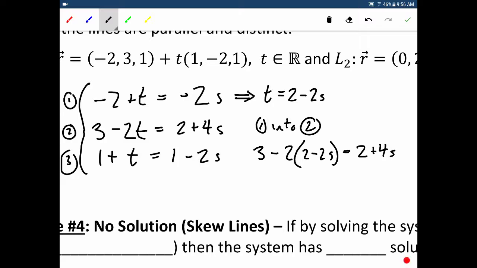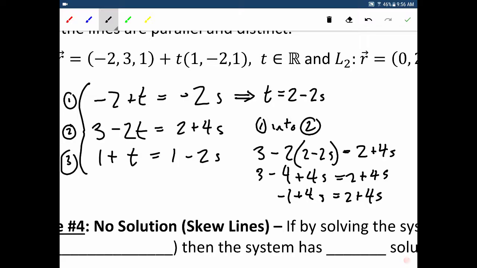If we expand that and collect like terms, you'll get 4 plus 4s is equal to 2 plus 4s. 3 minus 4 is negative 1, plus 4s equals 2 plus 4s.